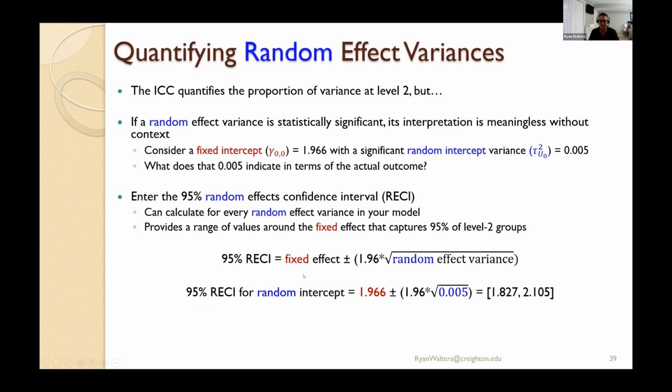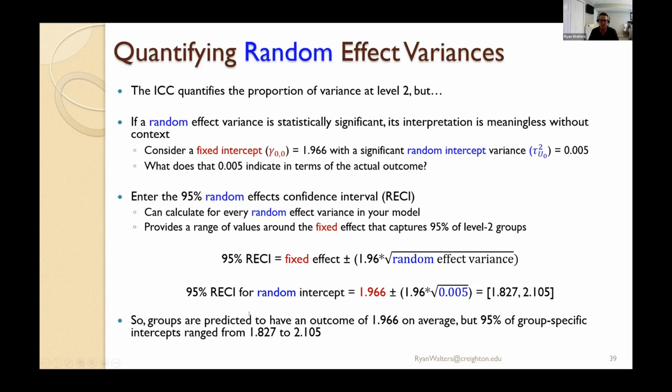So based on these data above, the 95% random effects confidence interval is going to be 1.966 plus or minus 1.96 times the square root of 0.005. It gives us an interval that goes from 1.827 to 2.105, which means that our groups, again, this is a data thing, not a sampling distribution thing, an observed data thing, our groups are predicted to have an average disability score of 1.966, with 95% of those groups having average disability scores between 1.8 and 2.1.